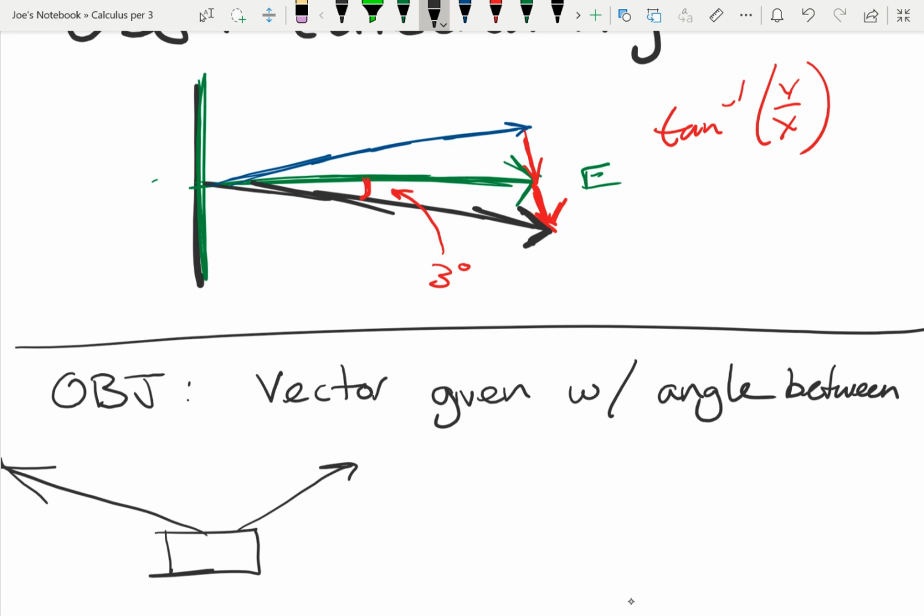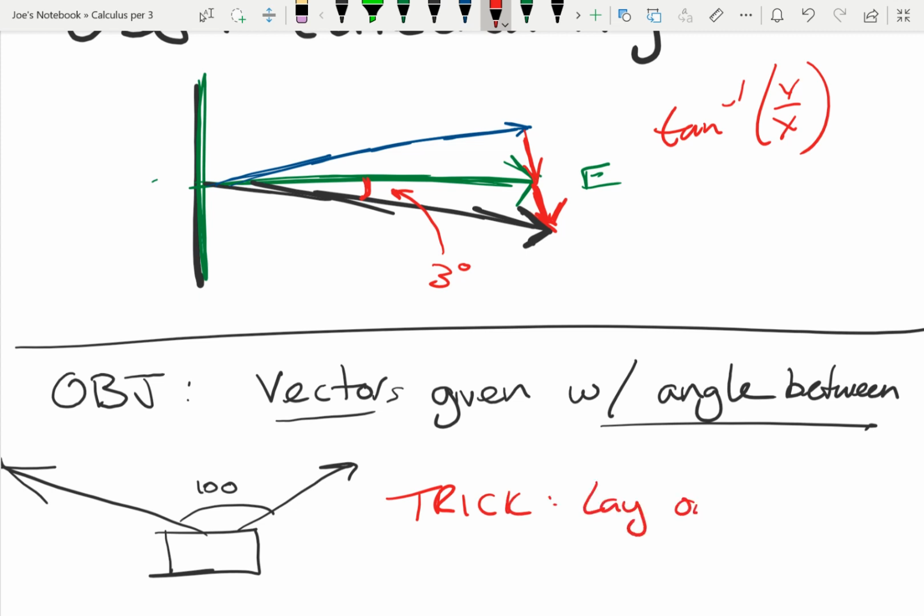Well, when you are given vectors and the angle between the vectors, let's say that would be 100 degrees, then the trick is to lay one vector on the x-axis, and then do your r cosine theta, r sine theta the way you've been doing it.